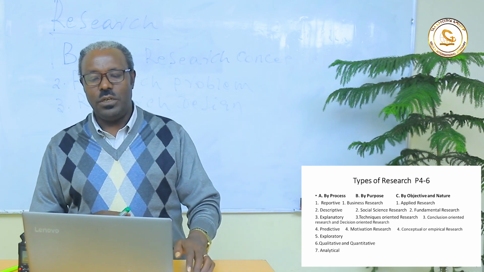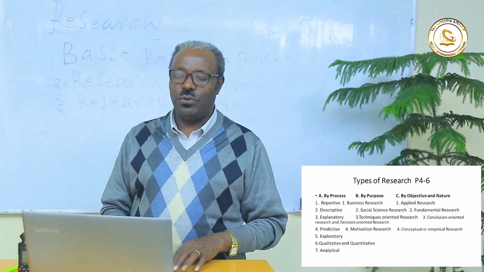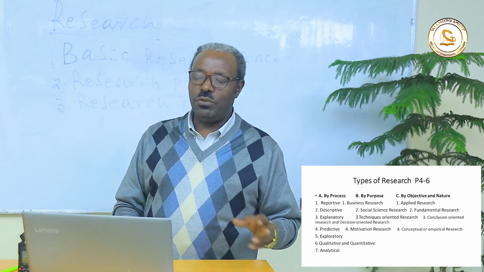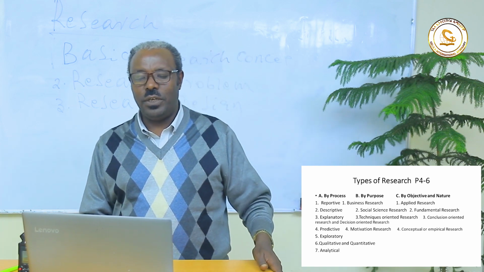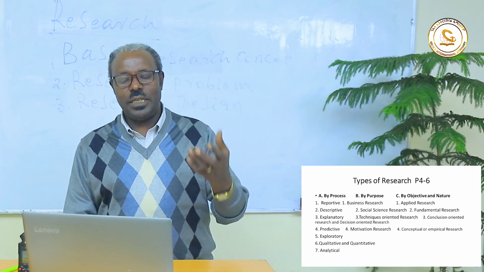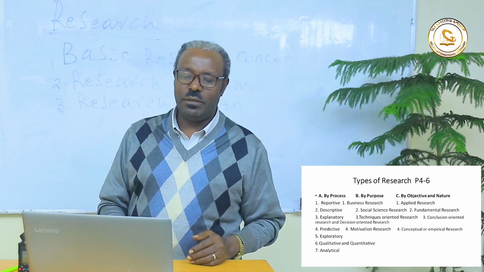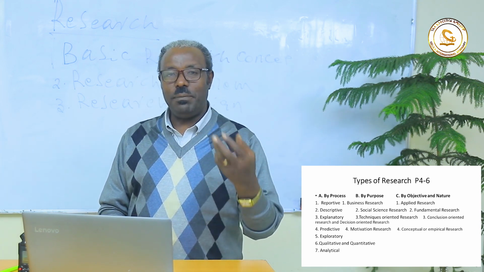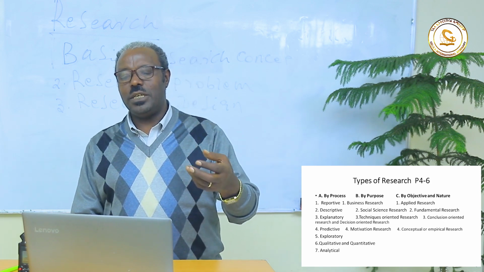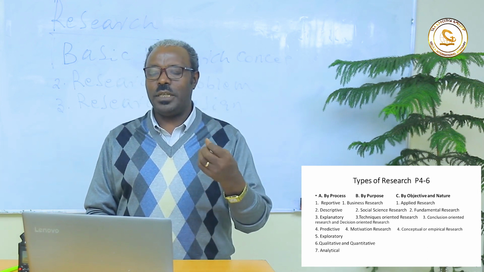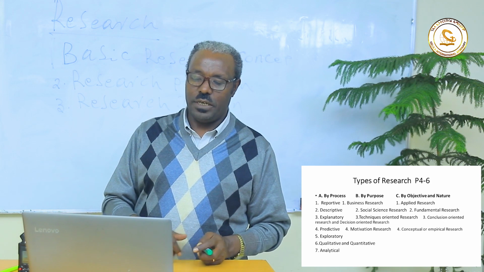On your module, page 4 to 6, when we read through page 4 to 6, there are 3 types of research: research by process, research by purpose, and research by objective and nature.